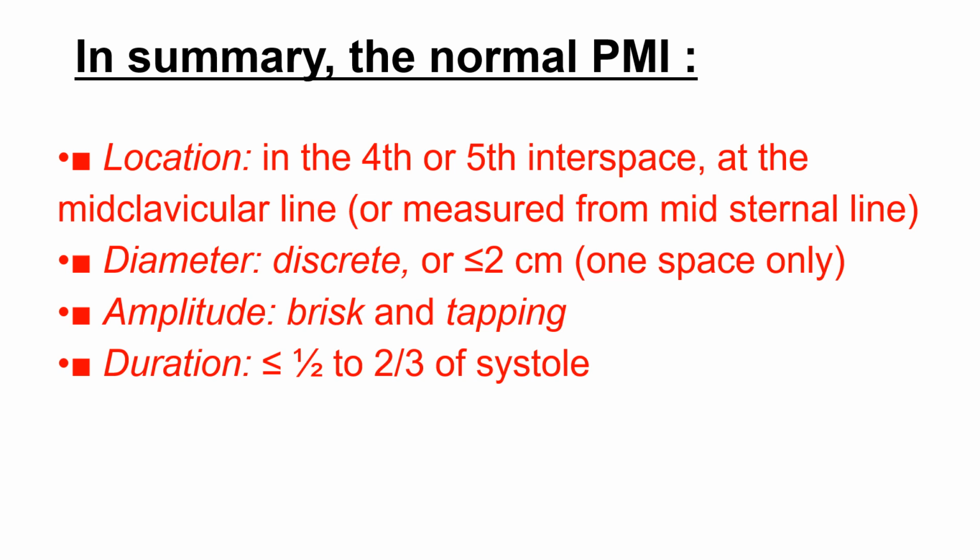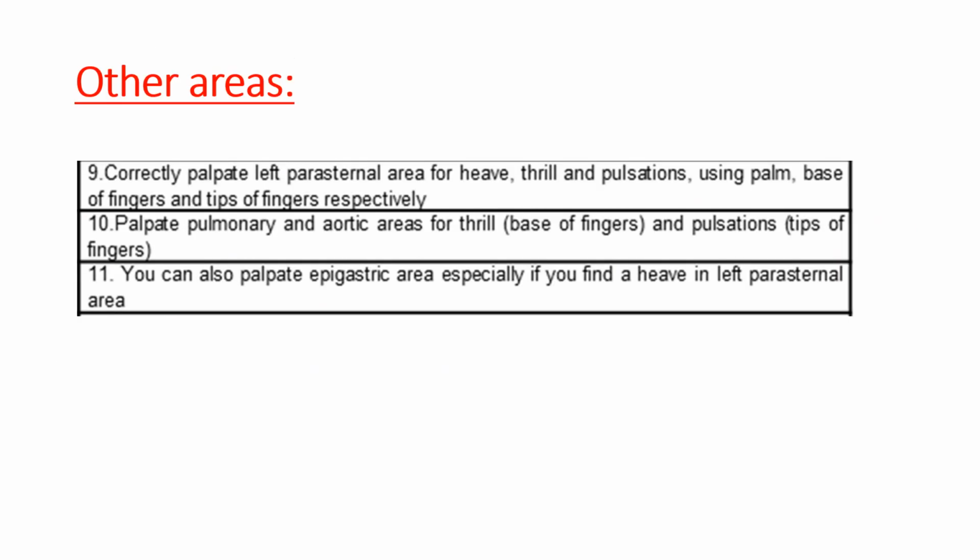Amplitude or character, it is brisk and tapping. It is not prolonged and it is not very strong or very weak. And the duration is usually almost up to two-thirds of the systole only. We will talk later on about the different abnormalities which we can find in the apex beat.